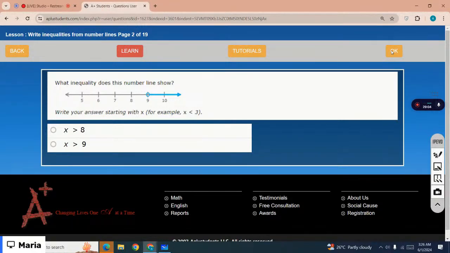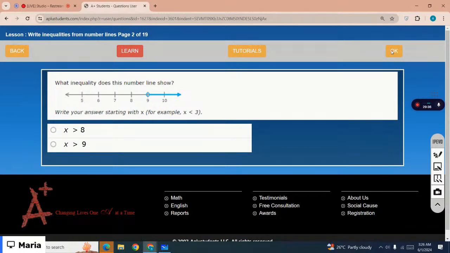What inequality does the number line show? The arrow is pointing on the right hand side, right?